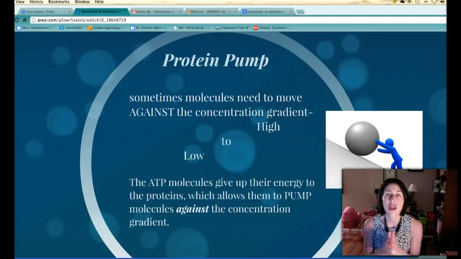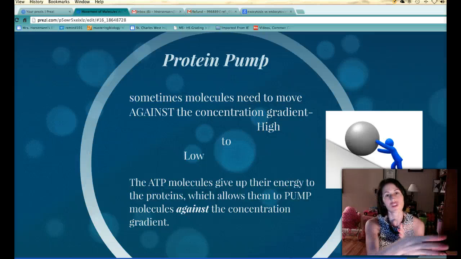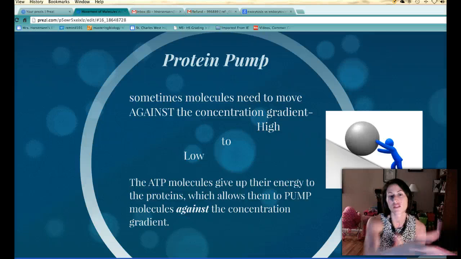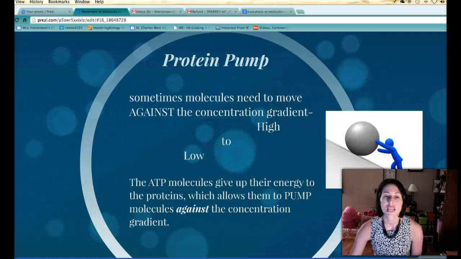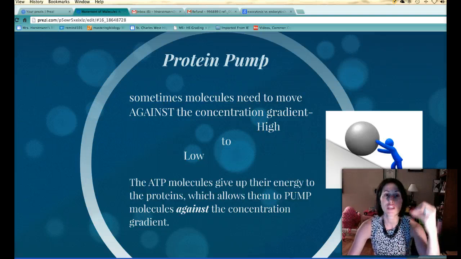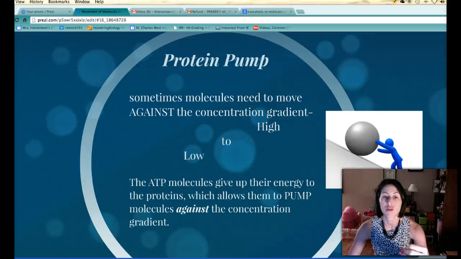So when I think of moving from low concentration to high concentration, I think of moving against the flow of traffic. Lots of energy. I'm pushing against where everybody else is going. So in this case, ATP molecules give up their energy to the protein, which then allows that protein to pump, actively using energy to push molecules against the concentration gradient.